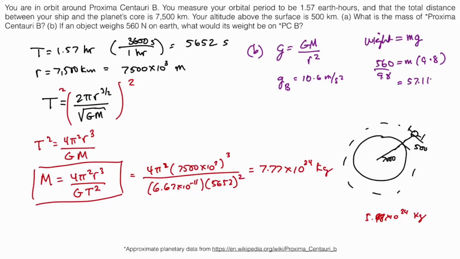I did write it down, but I can't read my own handwriting. Now that we know the mass, and the mass is the same everywhere, to find the weight on Proxima Centauri b, I just take that mass, 57.1, times 10.6, and that gets me 604 newtons. I'll just probably round off there.